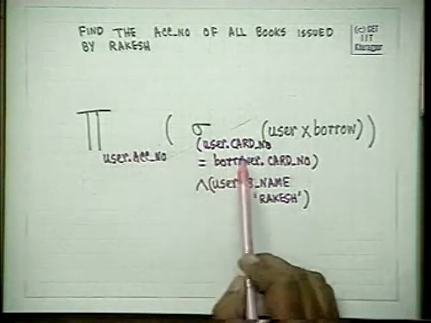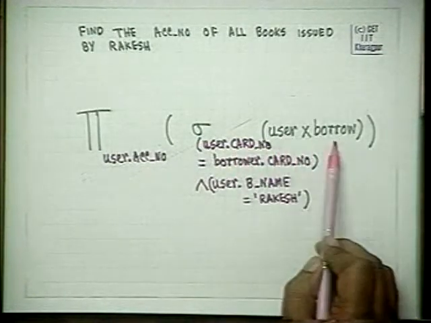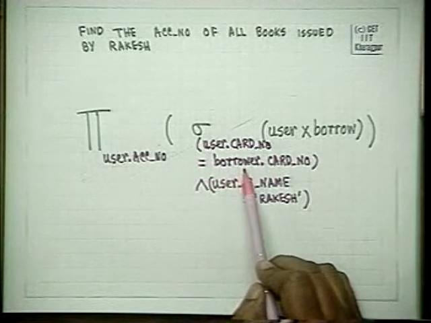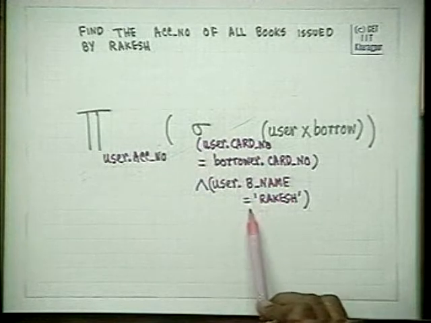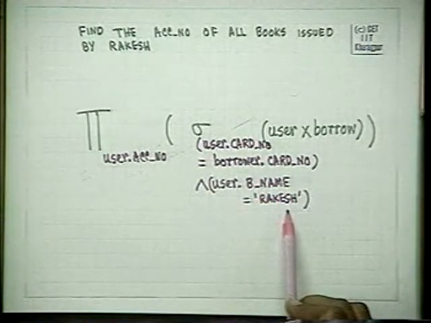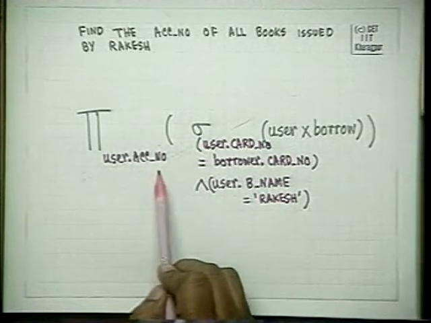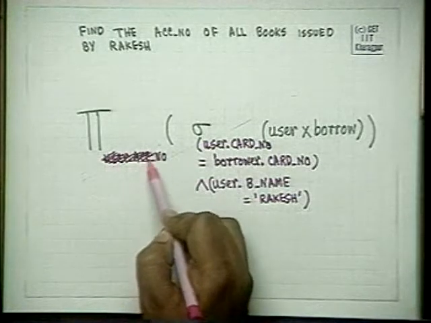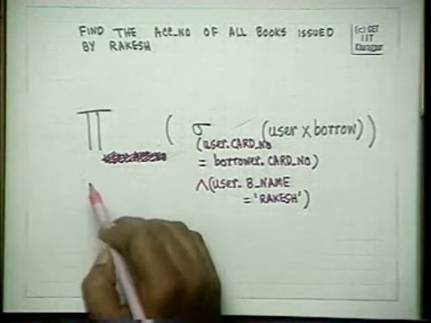That is, from this cross product, I will align up those which have got user and borrow identical, and I will select out those people whose username is Rakesh, and I will only take the accession number. Sorry, this will be borrower dot accession number, because user does not have accession number.